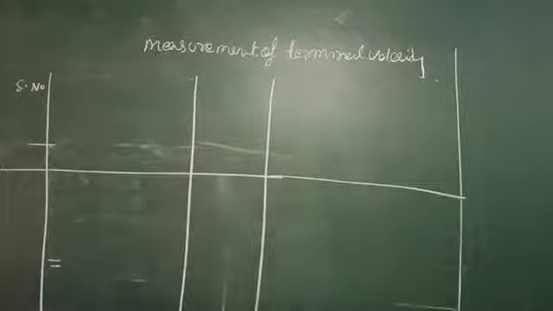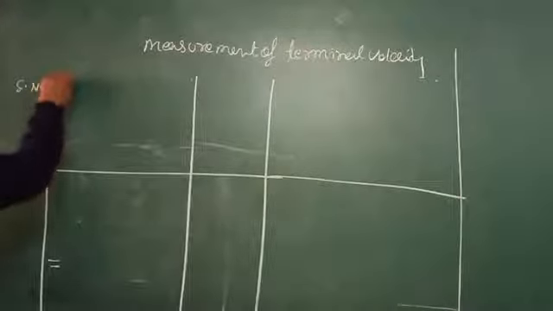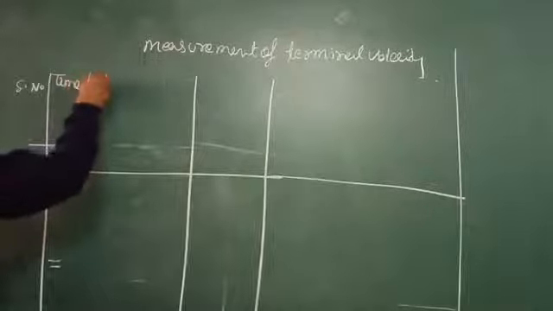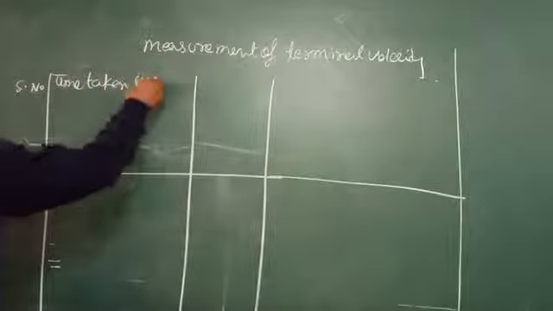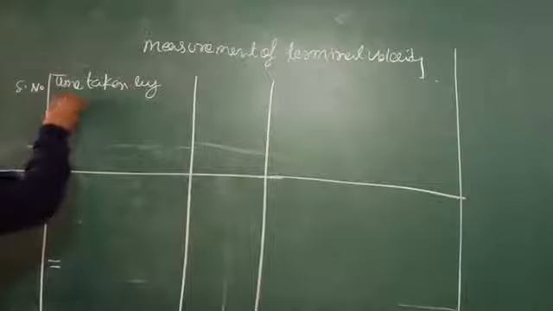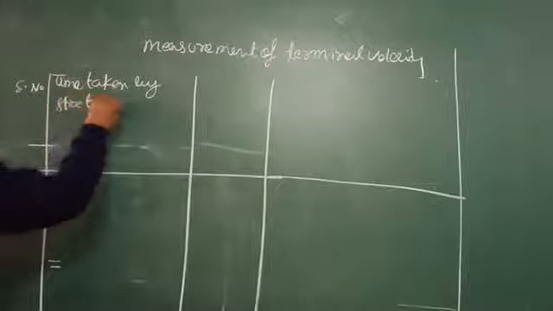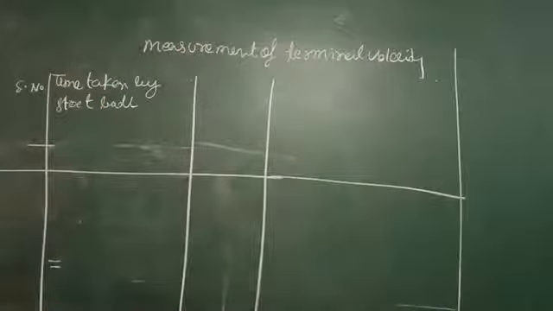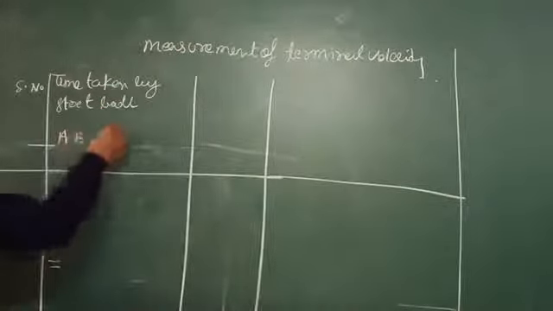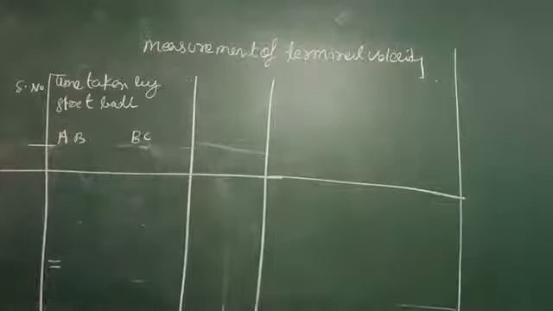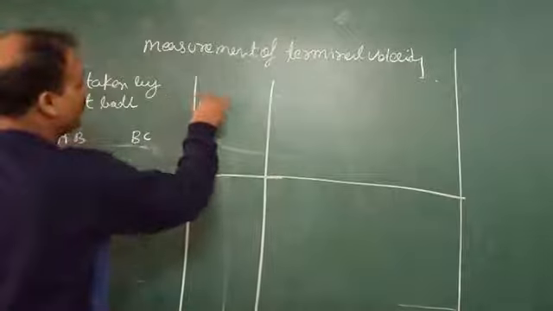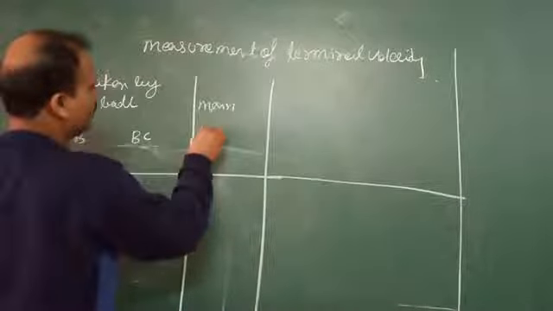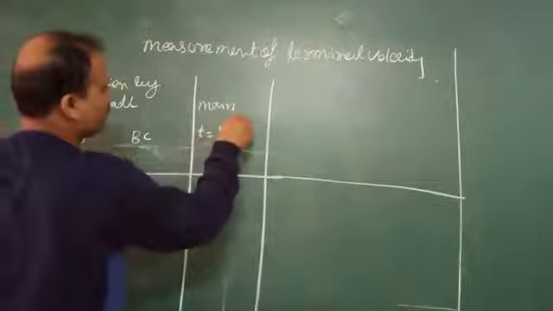So now, time taken by the steel ball for AB and BC. T is equal to the mean value, T is equal to AB plus BC upon 2.